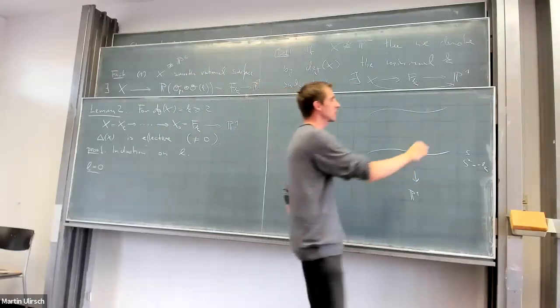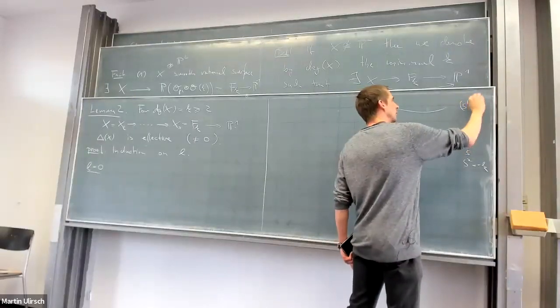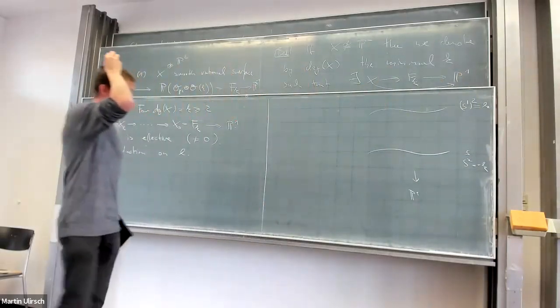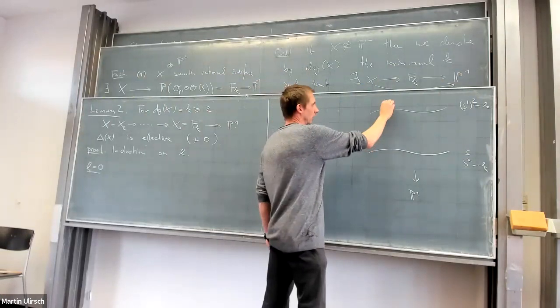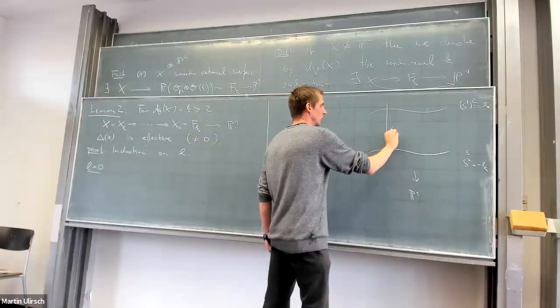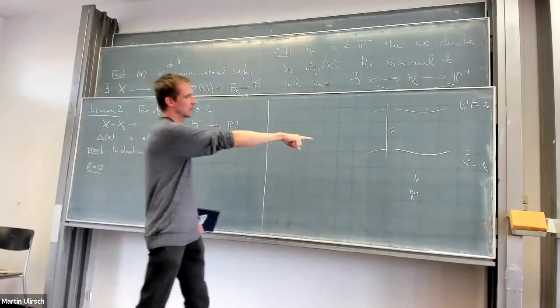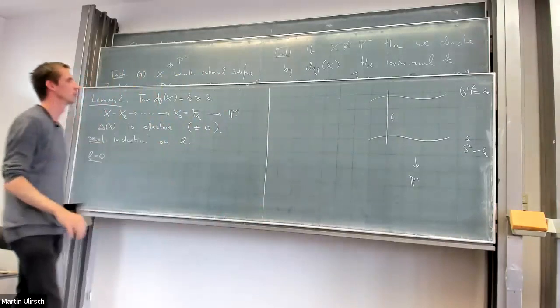There are many others. Those have self-intersection plus K, so minus K. Okay, and then we will be interested in the class of a fiber. We have our small s hanging around, and we have F, which stands just for any fiber.